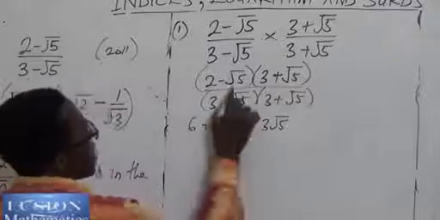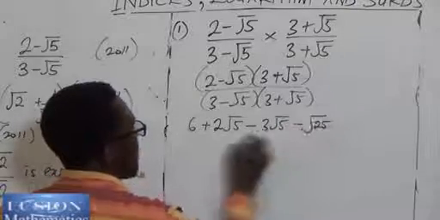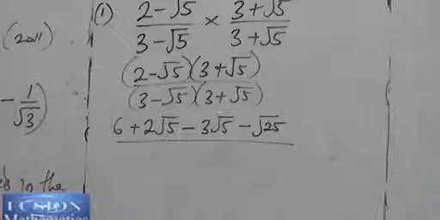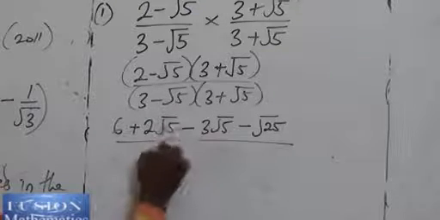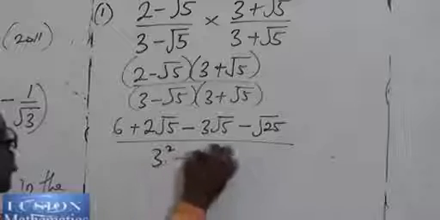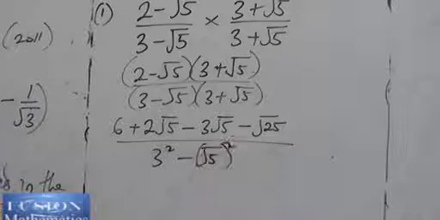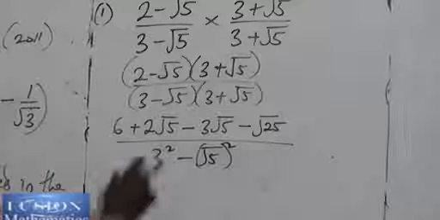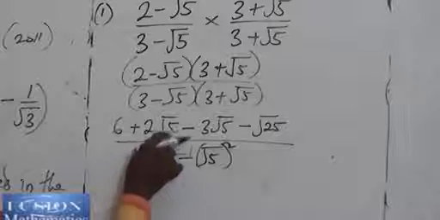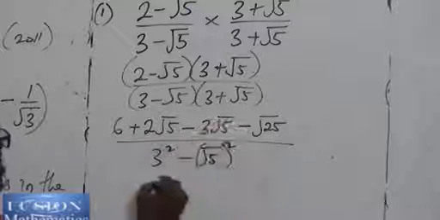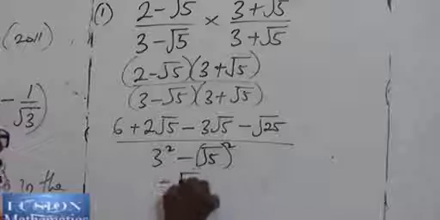Minus root 5 multiplied by plus root 5 will give us minus root 25, all over, using our difference of two squares, 3 squared minus root 5 squared. So we simplify: 2 root 5 minus 3 root 5 will give us minus 1 root 5, but we don't write the 1.